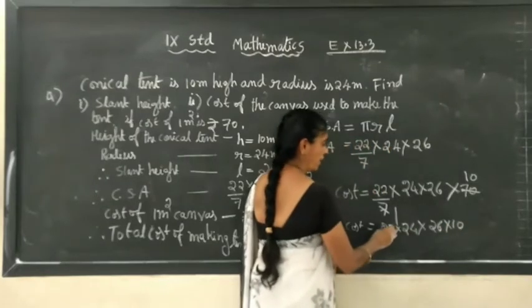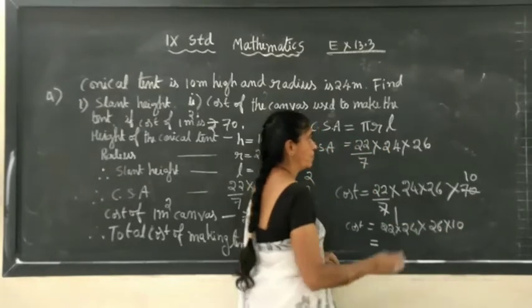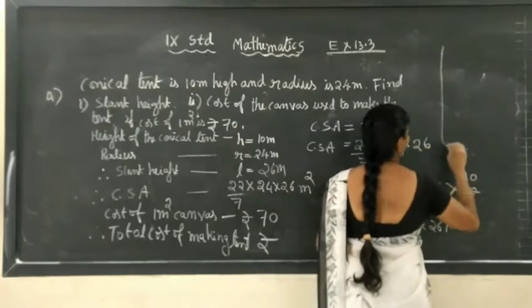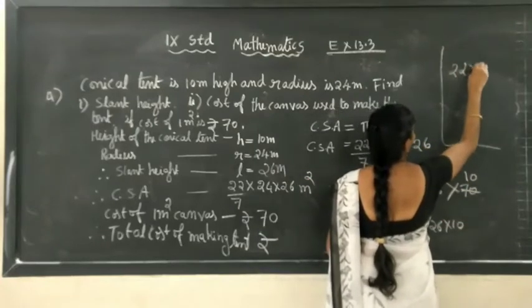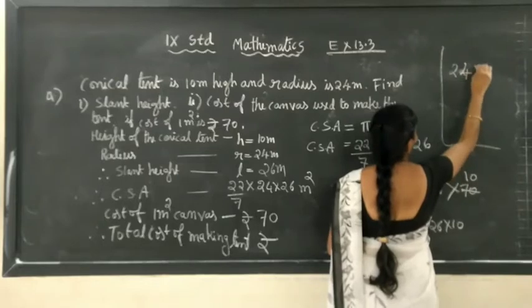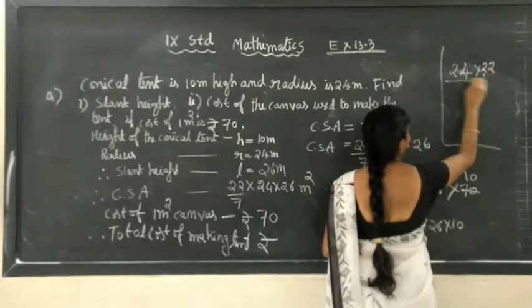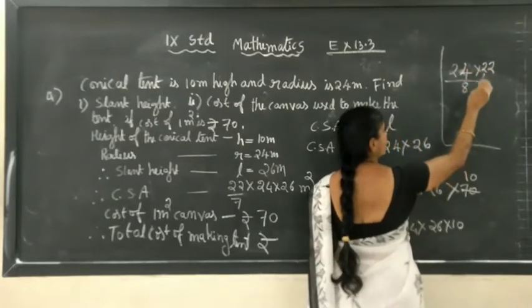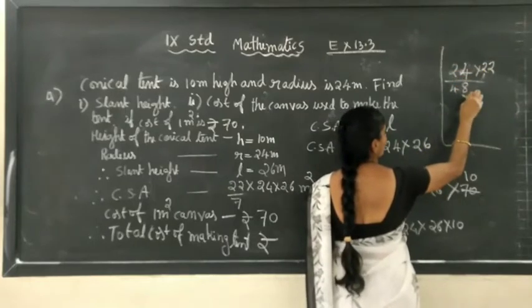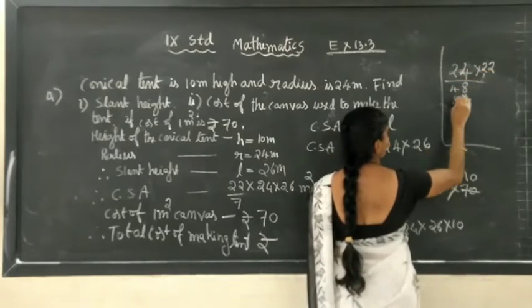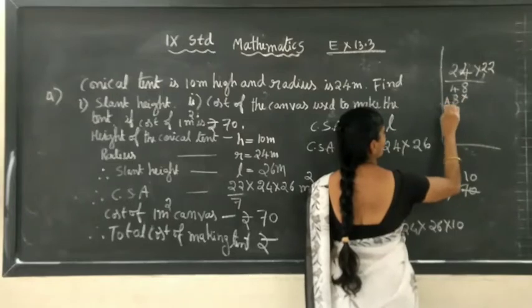Now, first multiply 22 into 24. Separately, I will multiply 24 into 22. 2 fours are 8, 2 twos are 4. Leave one place, again 2 table, 2 fours are 8 and 4.